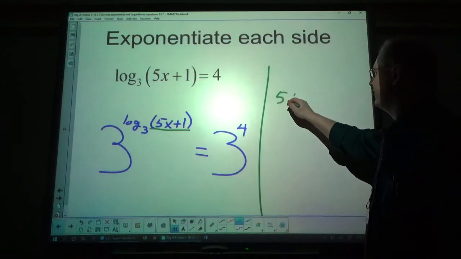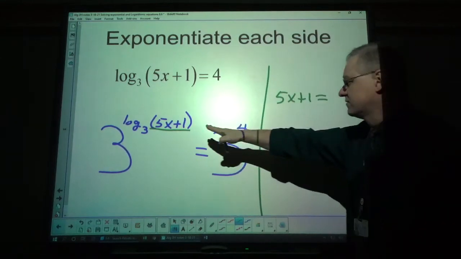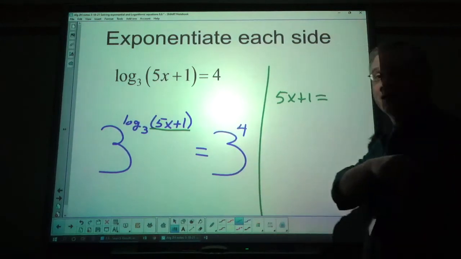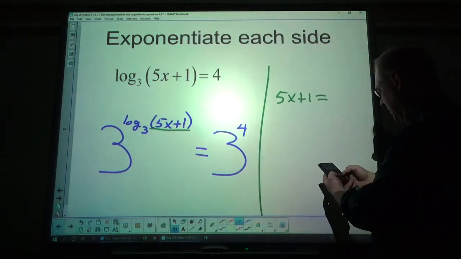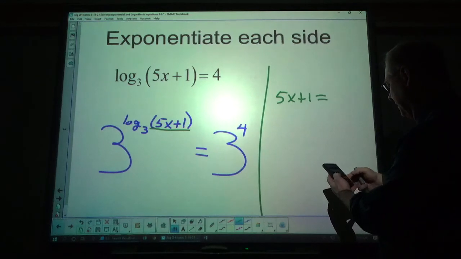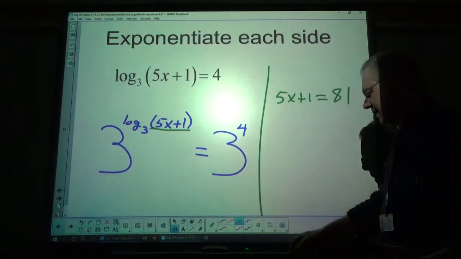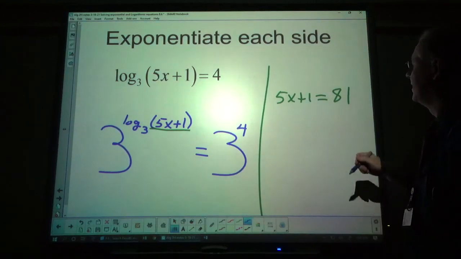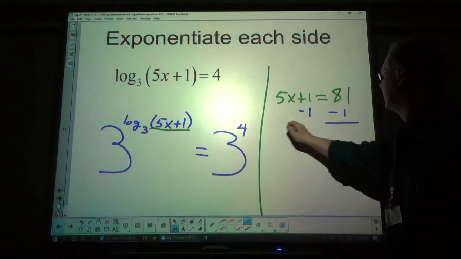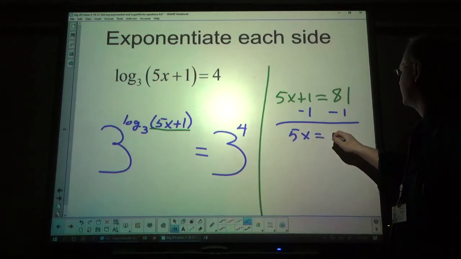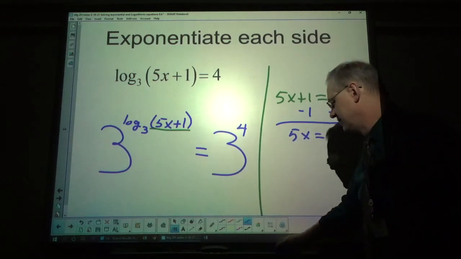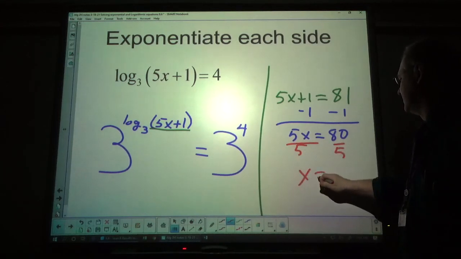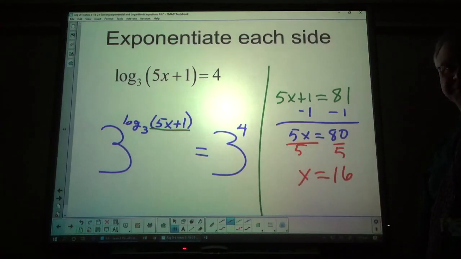So 5x plus 1 equals this side, and this side, 3 to the 4th power, I think that's 81. Yep, 81. And now I can solve for my variable. Exponentiate. I like that word. Subtract 1 from each side. 5x equals 80. Divide both sides by 5. X is 16.